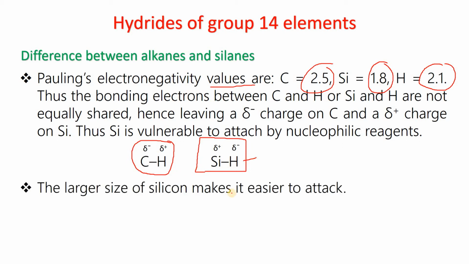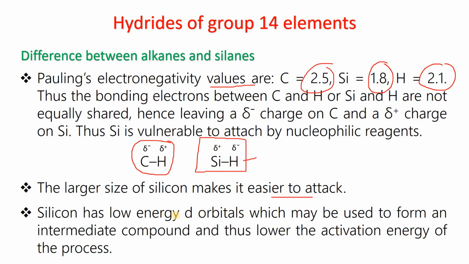The larger size of silicon makes it easier to be attacked by the incoming nucleophile. Silicon has low energy d orbitals which may be used to form an intermediate compound and thus lower the activation energy of the process. As we know, in carbon there is an absence of d orbitals.